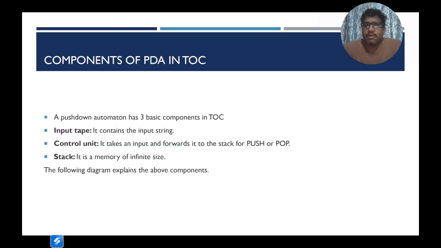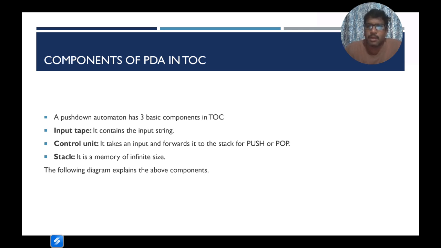The components of a PDA. A pushdown automata has three basic components. The input tape consists of the input string. The input tape is divided into an equal number of squares, and each square holds one alphabet or symbol.